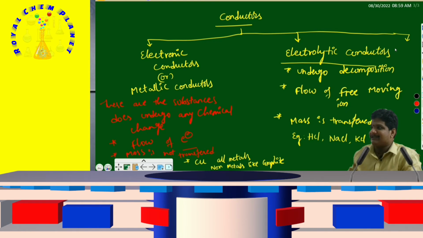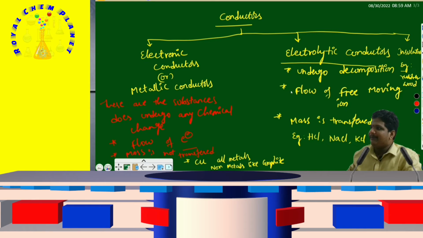They cannot allow the passage of electricity through them. For example, rubber or wood. These are some examples of insulators.